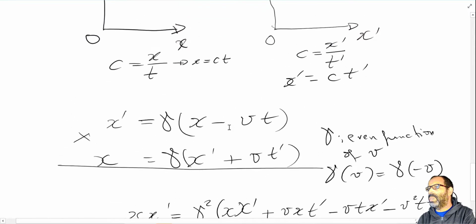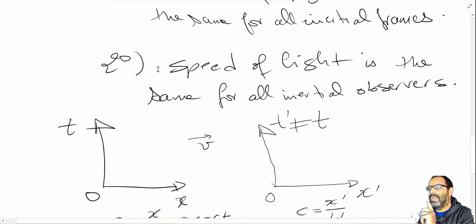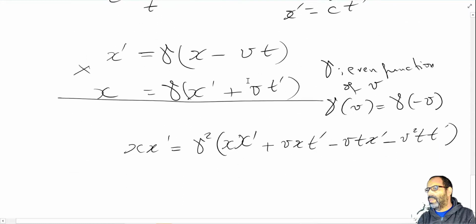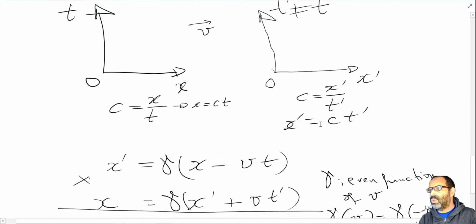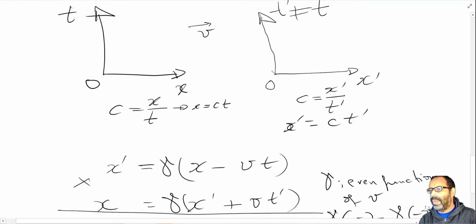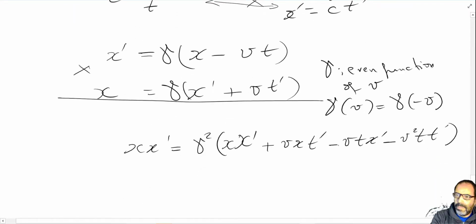So in this case, that's a special event that has to do with light. Okay, because light is the same for both frames. So in this case, if I take these two expressions and multiply them by one another, I will find x times x prime.